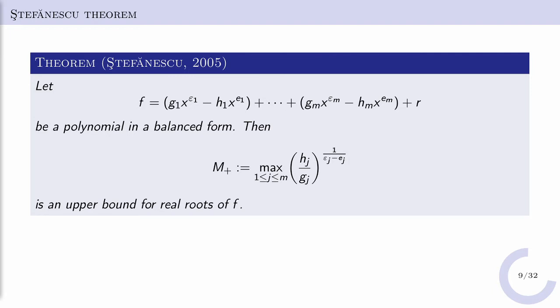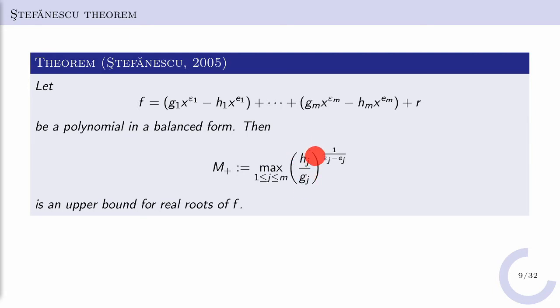It was proved for the first time around 15 years ago. It says that if a polynomial is expressed in a balanced form, and we take an expression of this form, so this is a maximum over all these parentheses, and here we have a fraction.